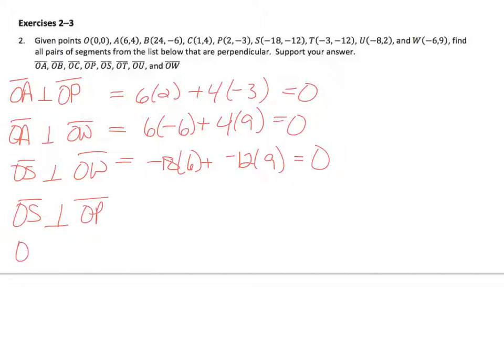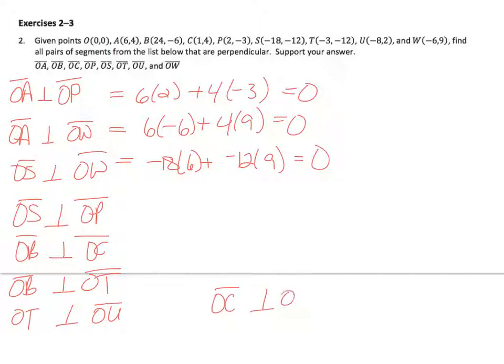OS and OP, OB and OC, OB and OT, those work. OT and OU. And then the last one is OC and OU. I'm not going to go through all the math. It's just simple multiplication and addition. You guys got it. Let's do one more exercise.